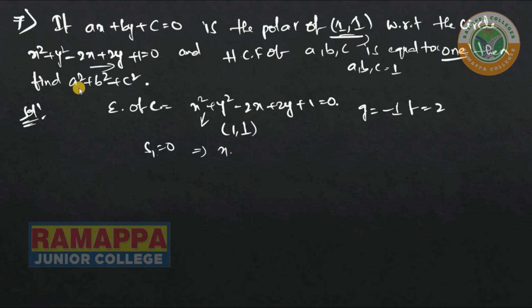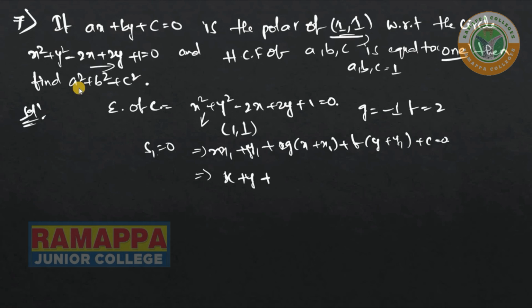In this: x x1 plus y y1 plus g into x plus x1 plus f into y plus y1 plus c is equal to 0, no. So x into x1 means 1 x plus y plus g into x plus 1, g is minus 1, minus of x minus 1, x1 is equal to 1 only, here plus f into y plus y1, so this is also 1, so y plus 1 plus c is equal to 0 here.